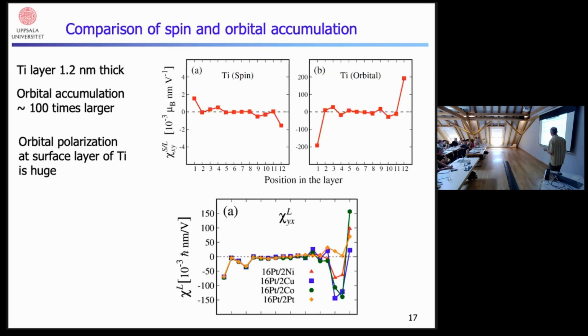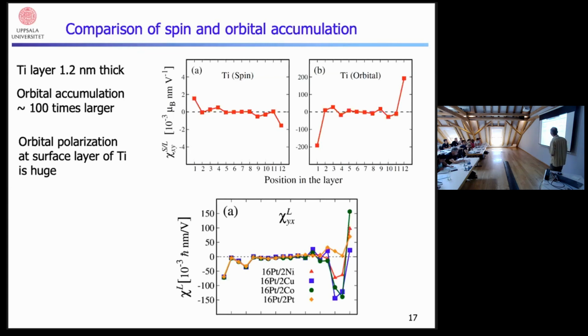So we also calculated titanium. I think we did HCP titanium, and this is thin. I think this was the 12 layers of titanium that you're looking at here, and this is the orbital part.